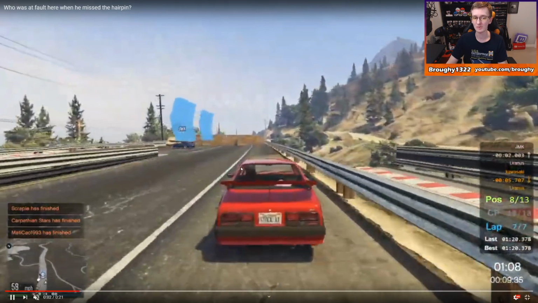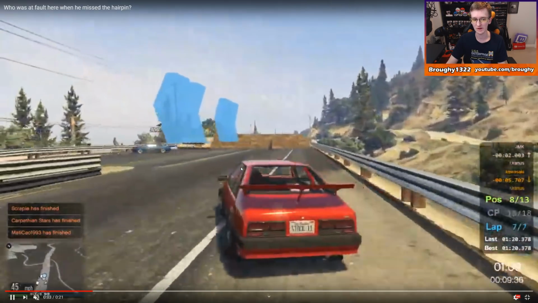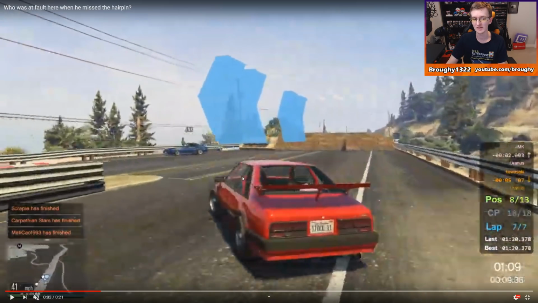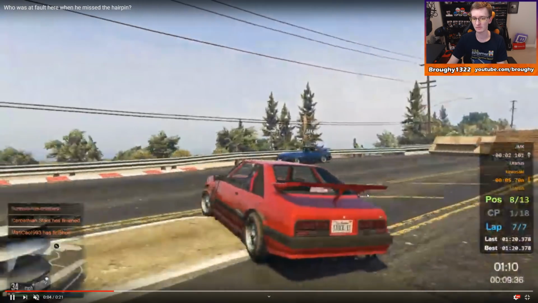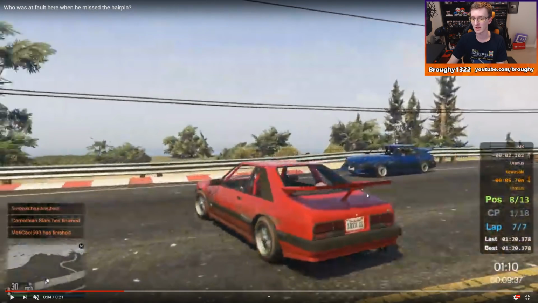The blue car, by any reasonable metric, is outside of what the normal racing line would be. So once you're outside of what the racing line would be, he's made the mistake, he's gone way too deep into the corner. Then it's on him to rejoin the track in a safe manner. It's not on the red car to then try to avoid someone who's rejoining the track after making a mistake.